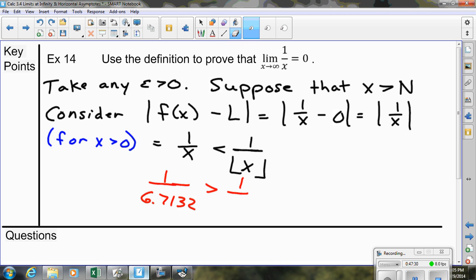If we rounded it down to 1 over 6, instead of being greater than, 1 over 6.7 will be less than 1 over 6. Well, this is really all we need then. We've set up using the floor function. This is the piece that we now need. We need this piece to be our epsilon.